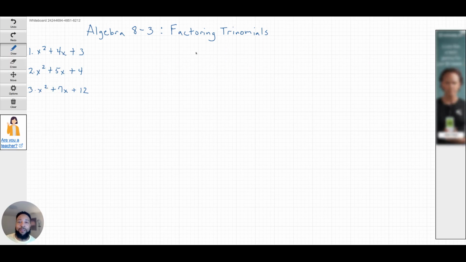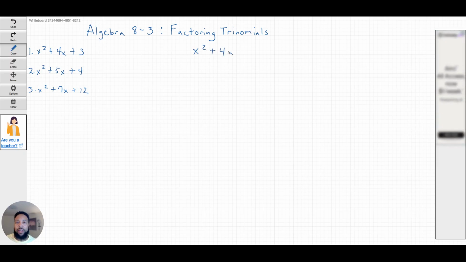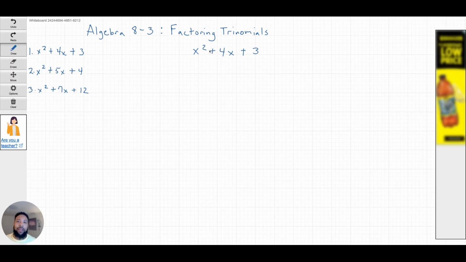All right, so our first problem is going to be x squared plus 4x plus 3. Okay, so first of all, before we even do this problem, I need to show you something in reverse, something called the FOIL method, because basically you can take two binomials, multiply them by each other in order to get a trinomial.